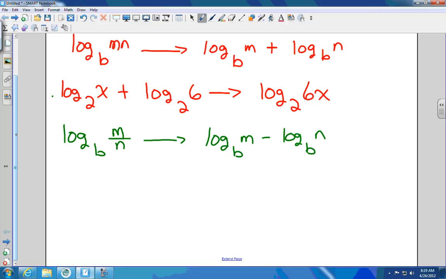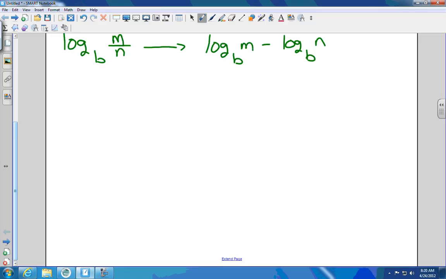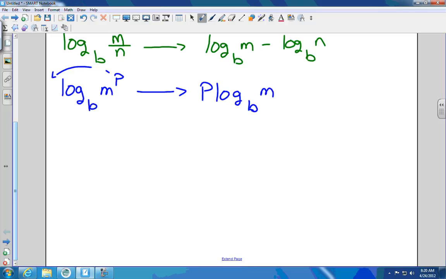The other one is on the next page, 522. It's the power property. You have log base b of m to the p power. So p is your exponent there, log base b of m to the p. You can bring that around to the front and multiply it. So it would be p log base b of m.